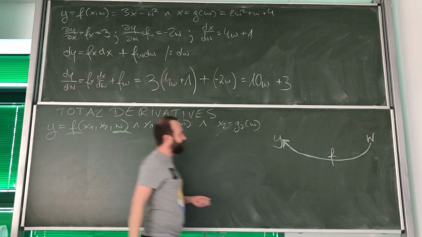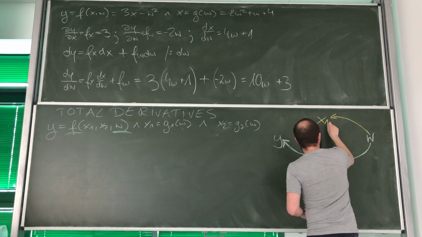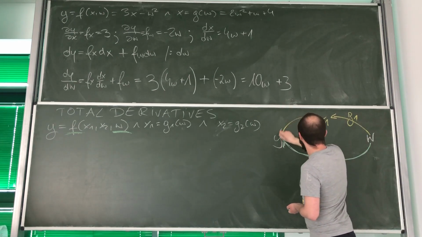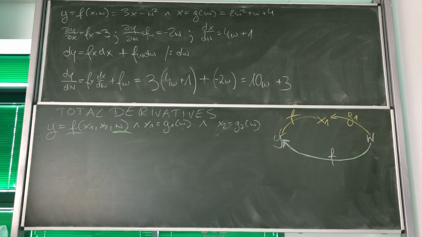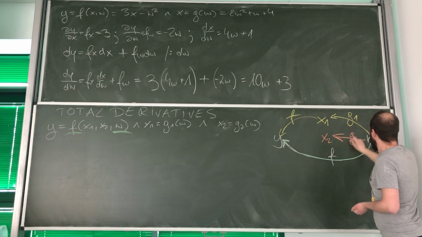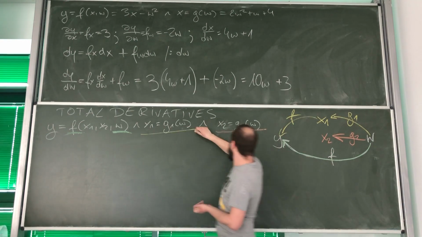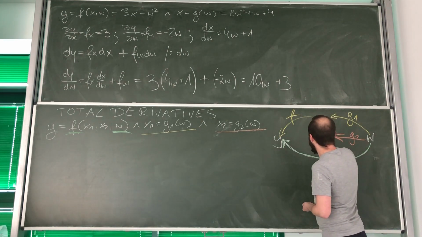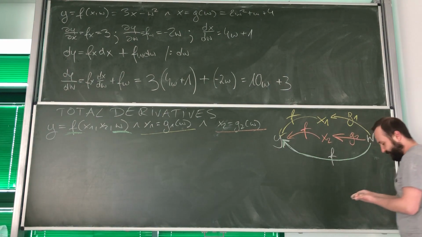So we've got first indirect channel where w influences x1 through function g1 and x1 influences y through function f. Finally, w influences x2 through function g2 and then x2 influences y through function f.